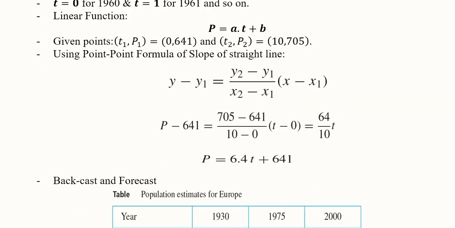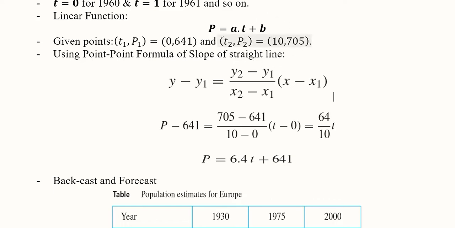We are familiar with this formula, and we can put the values in. Y is the dependent variable, X is the independent variable. So in place of Y, I can write population, and in place of X, I can write time, which is the independent variable. Y1 and Y2 will be the values of population: the lower value, that is now, and the higher value, that is after 10 years.